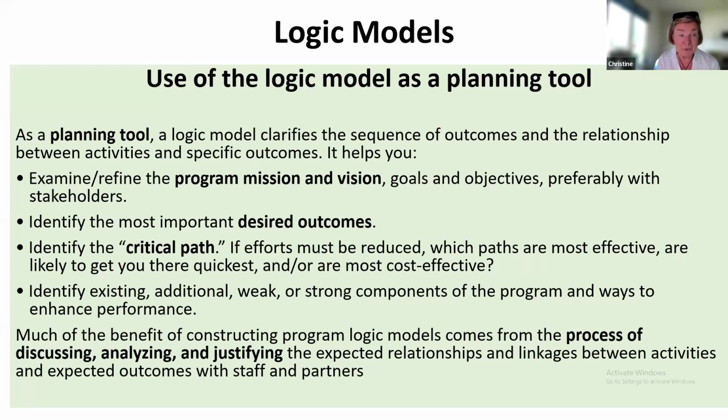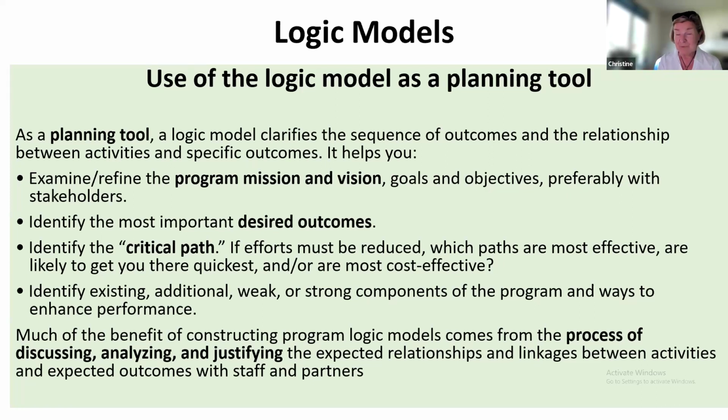Identify the most important desired outcomes, identify the critical path that you have to take to reach those, identify existing, additional, weak or strong components of the program and ways to enhance the whole performance.